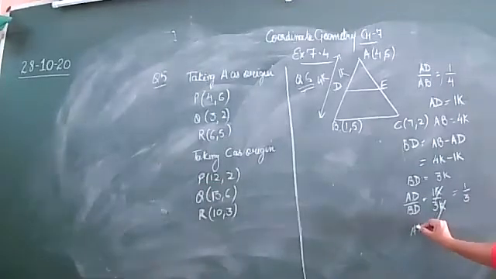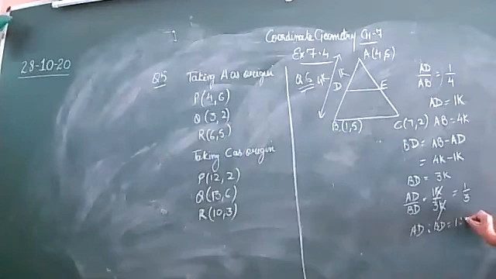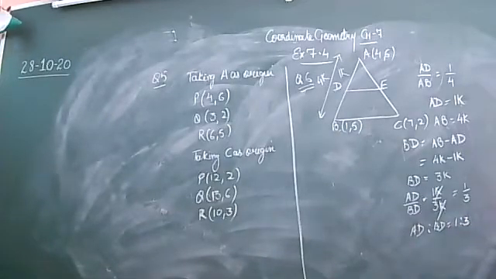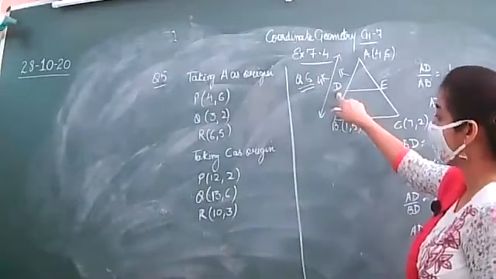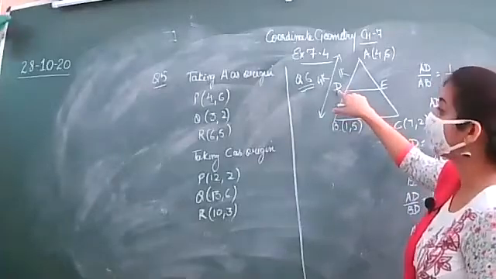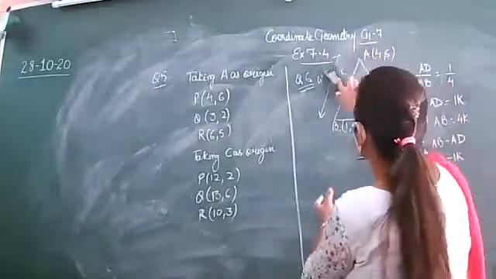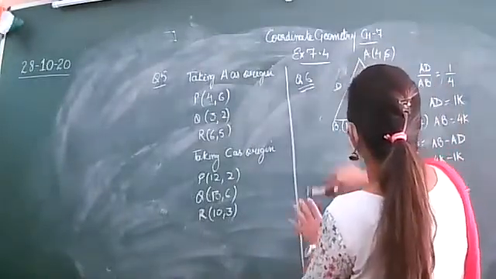That means AD to BD is 1:3. So I've got the ratio as 1:3. Any doubt? After getting this ratio, as you know, if the ratio is given or you have to find the ratio, you will use the section formula. So we will use the section formula to find the coordinates of this point D.